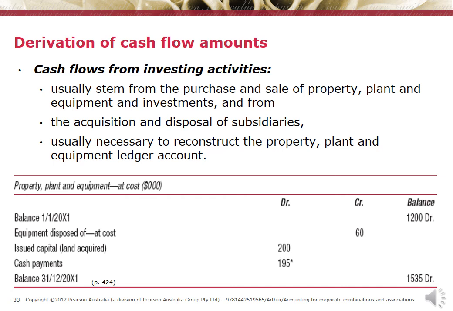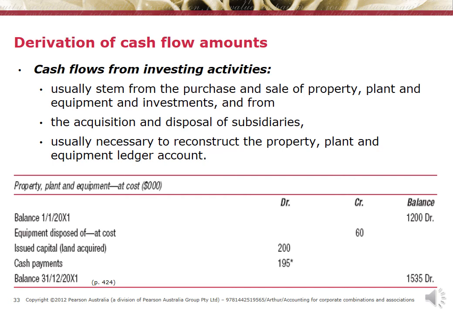So the cost of the plant and equipment that was sold was $60,000, so that would be a credit to the account as it decreased the balance, and therefore if we were to go the 1.2 million plus 200,000 less 60,000 less 1.535 million, the difference between the two equals our cash payments.